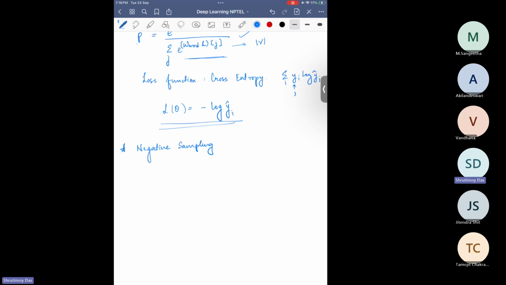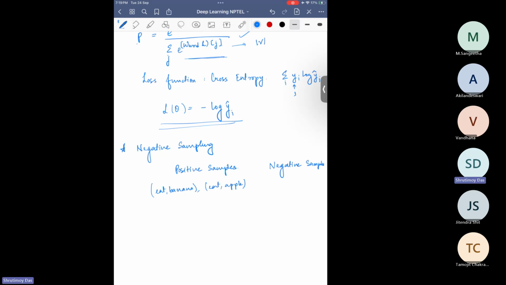Then you can form a set of positive samples and a set of negative samples. The positive set contains all the pairs which occur together, say eat banana, eat apple, and so on.